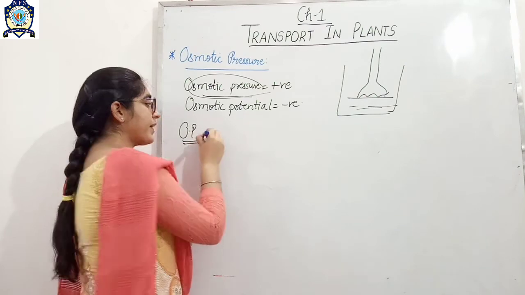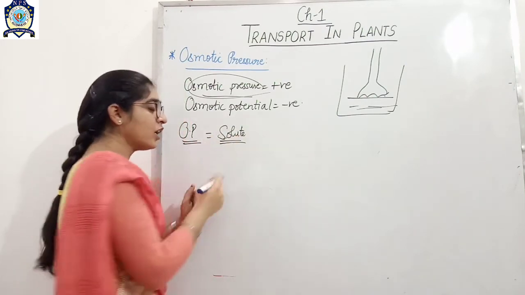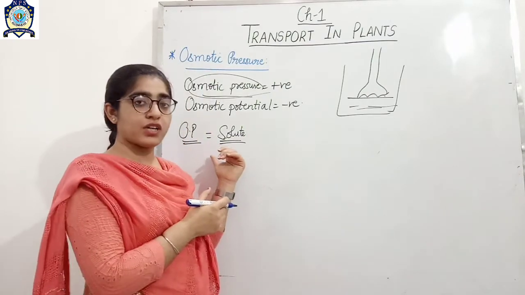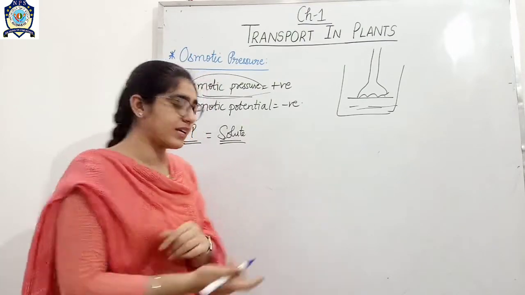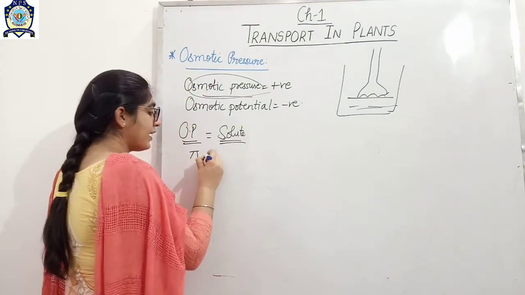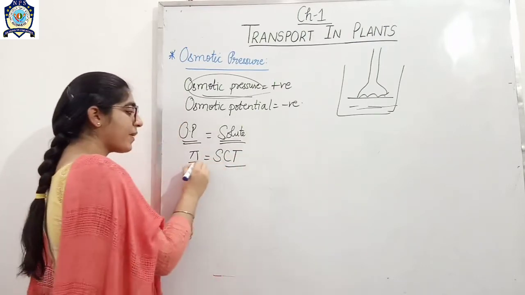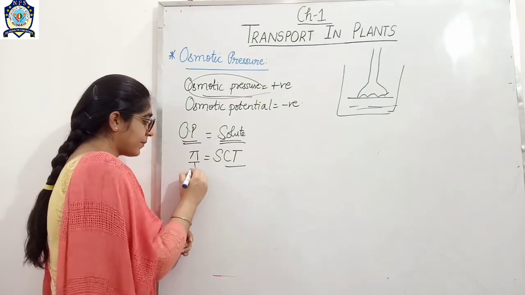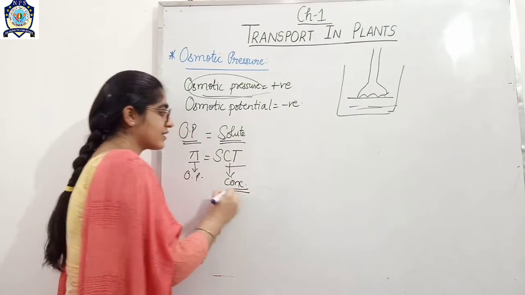The osmotic pressure is the pressure of simply the solute. So the pressure of the solute is the osmotic pressure. And in chemistry you also study that pi is equal to SCT. Pi here stands for the osmotic pressure and C stands for the concentration.